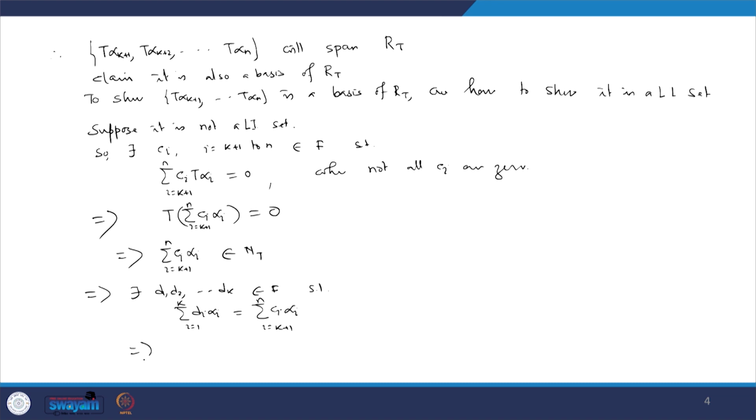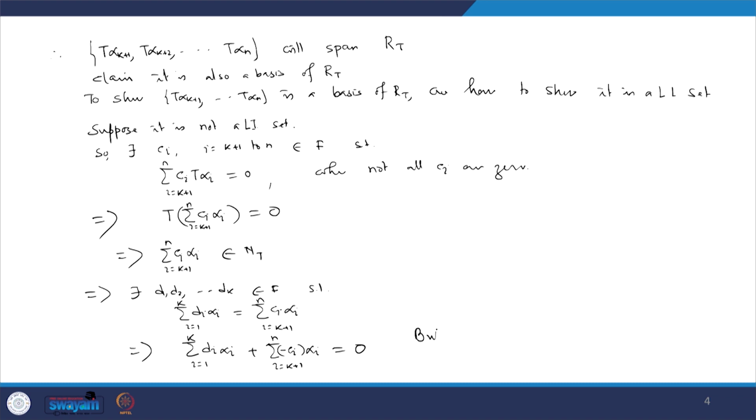So, one can rewrite sigma d_i alpha_i, i equal to 1 to k, minus sigma c_i alpha_i, i equal to k plus 1 to n, equal to 0.